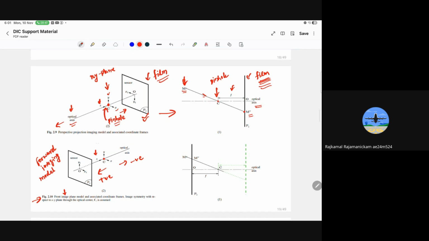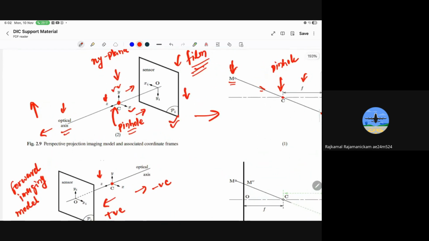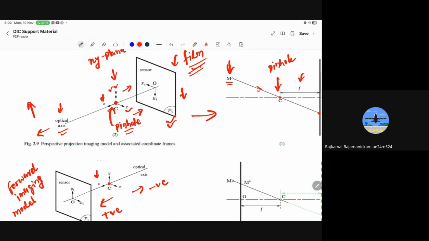The advantage of doing this is just for mathematical processing, not a physical thing. When you have the film in the backside, which is the physical scenario, if your object is like this, you will have the inverted image. So if this is the x-axis of the camera and this is the y-axis, for the inverted image you have the y coordinate downward and the x coordinate on the other side.